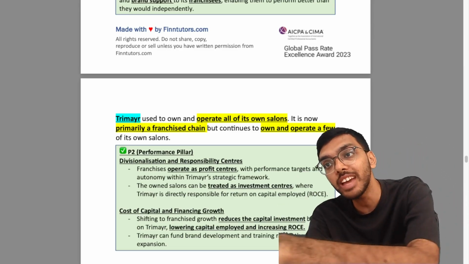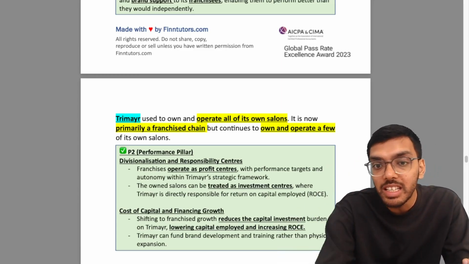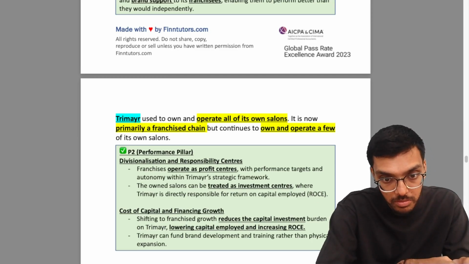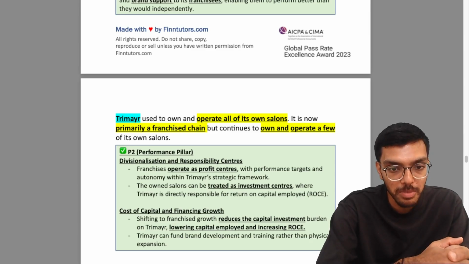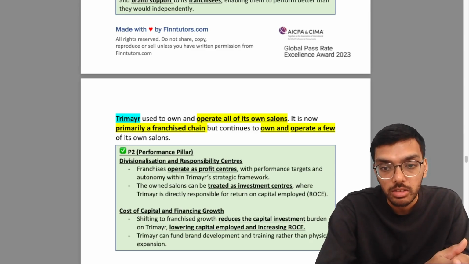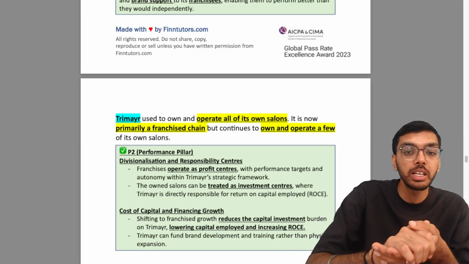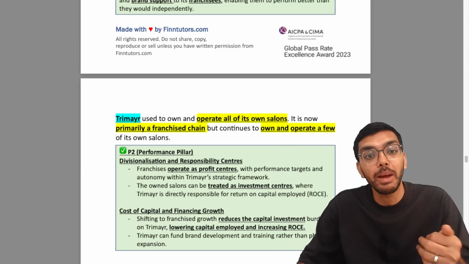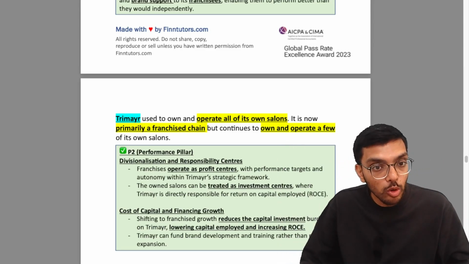The franchisees can be treated as profit centers. So this is your responsibility center discussion from the P2 syllabus. Same way, shifting to franchise growth reduces capital investment. But we can use this money to fund our brand development, our training, and our other expansions. So cost of capital is also a consideration over here.